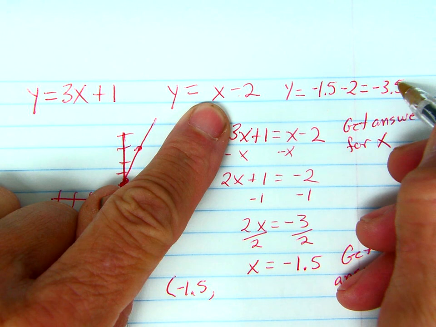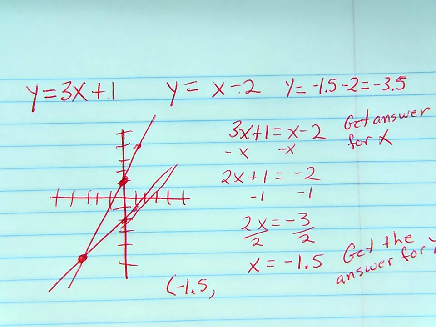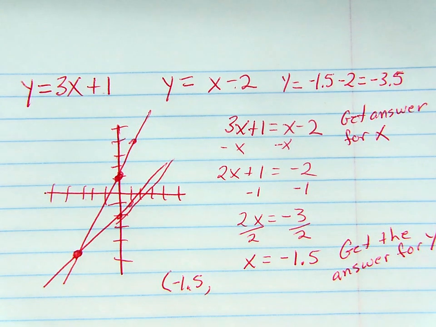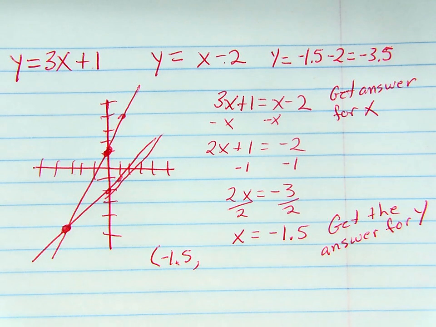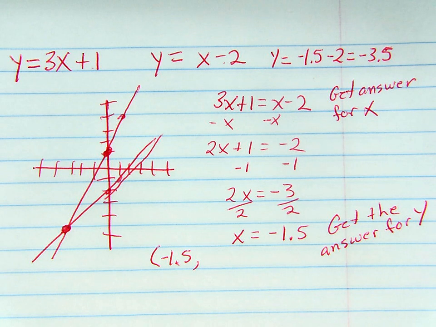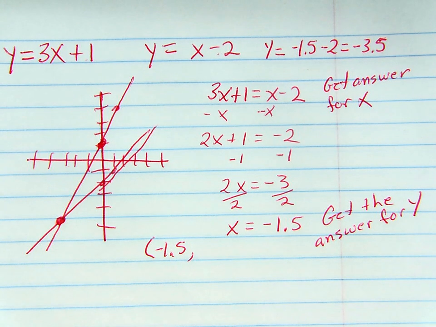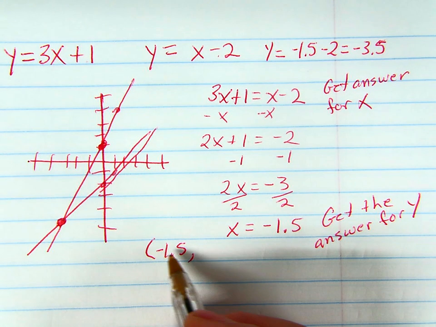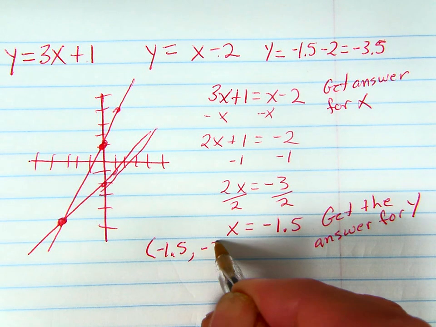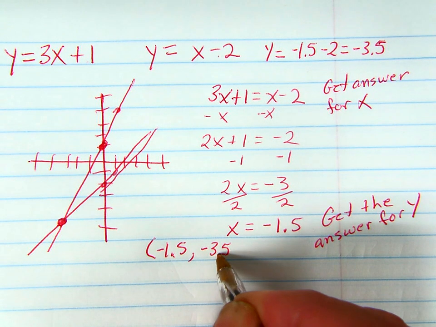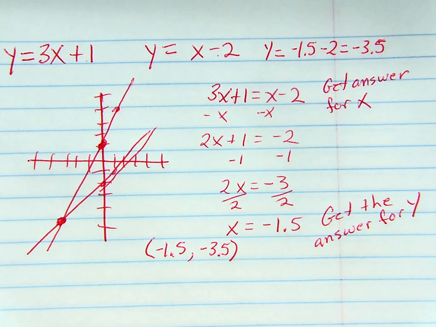So it's pretty close on that one. So my solution is negative 1.5, negative 3.5. I have an x and a y. There's the answer.